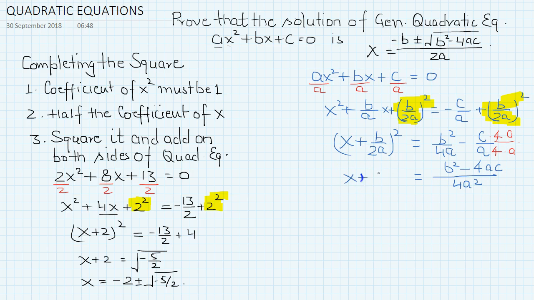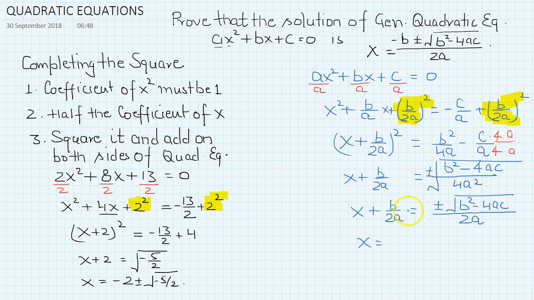So x plus b over 2a is equal to, this is a square, so we take a root of it. When the root is there, this will become plus minus. So x plus b over 2a is equal to plus minus root b square minus 4ac. Root of 4 is 2 and root of a square is a.